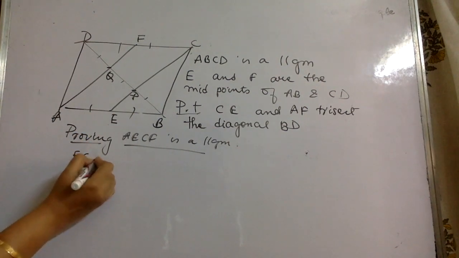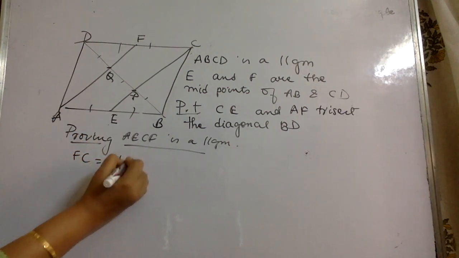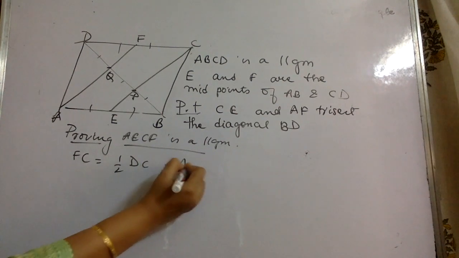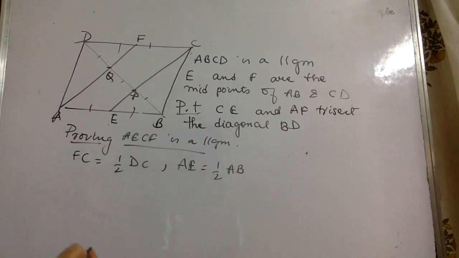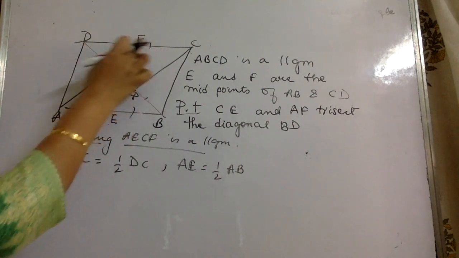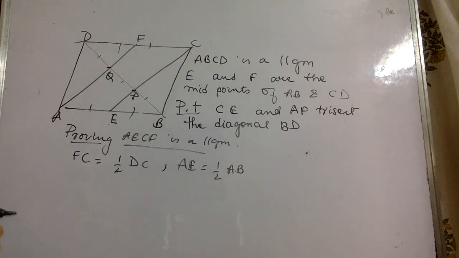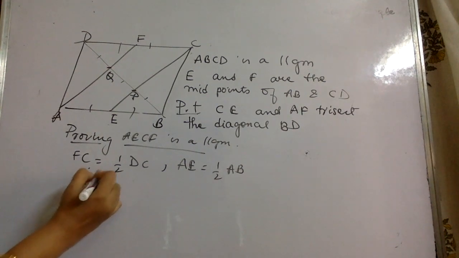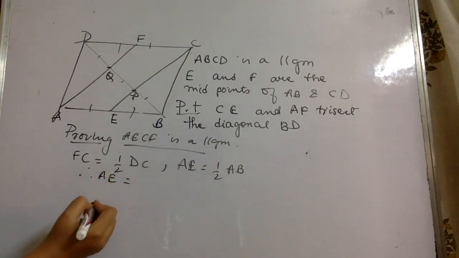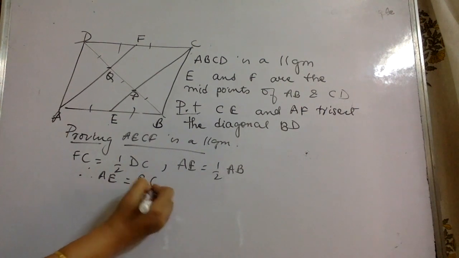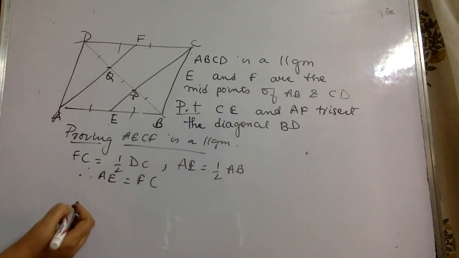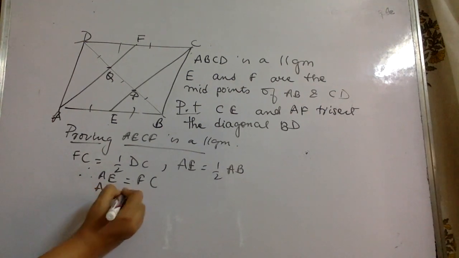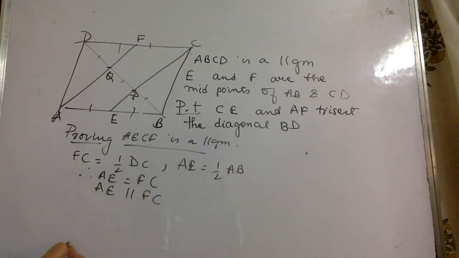So FC is equal to half of DC, also AE is equal to half of AB, isn't it? Therefore AE is equal to FC. Why? Because DC is equal to AB. And AE is also parallel to FC.